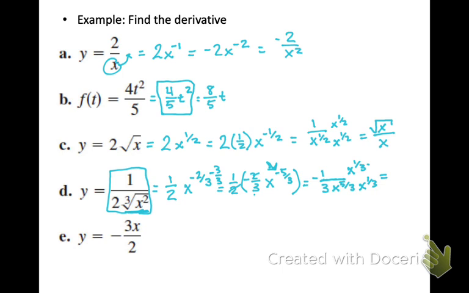Cube root. So I have negative the cube root of x, yes? Over 3x to what power? Second. How'd you get second, Riley? Because 5 plus 1 is 6, and 6 over 3 is 2. Right.